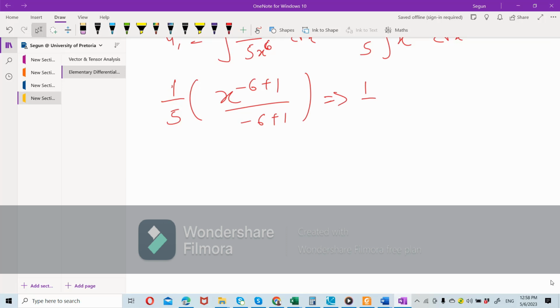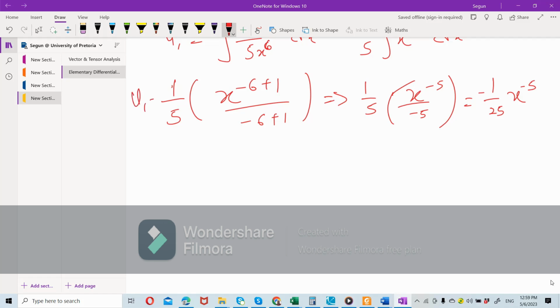So at the end of the day, you have 1 over 5, then x to the power minus 5 over minus 5, which is the same thing as negative 1 over 25 x raised to the power minus 5. So that is for U1.